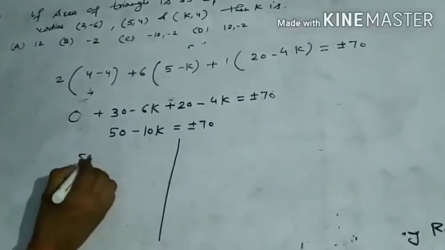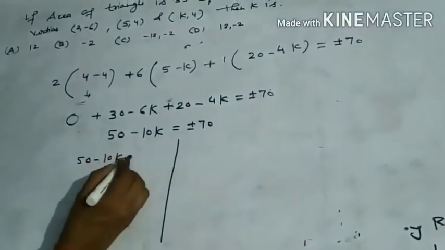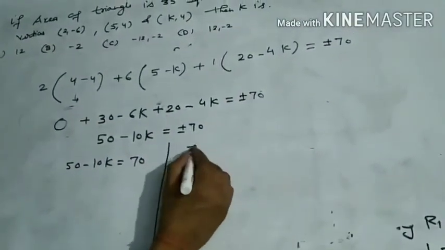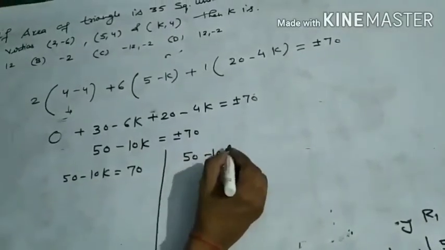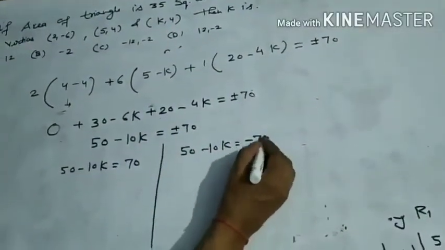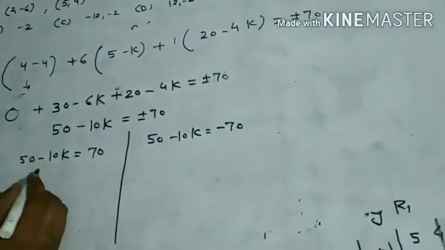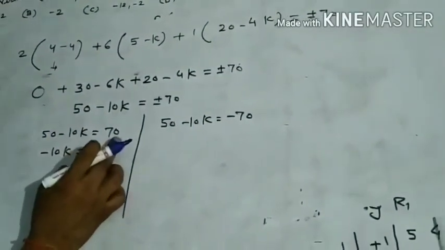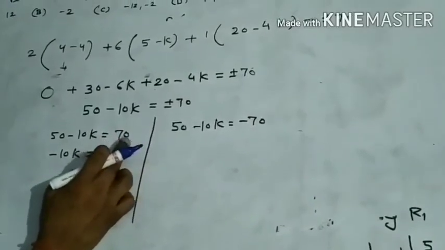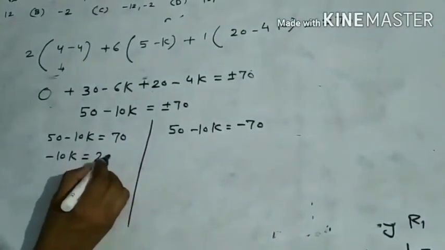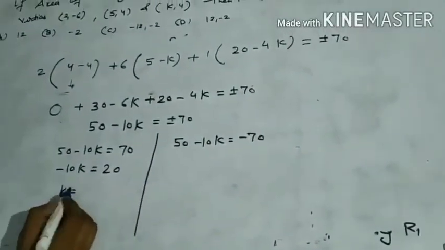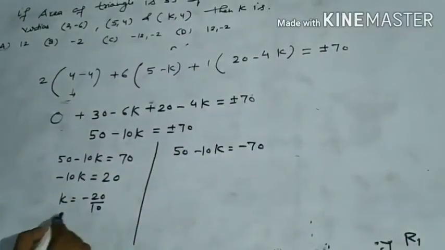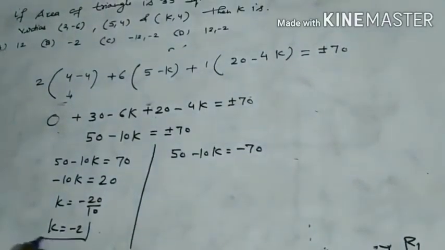So 50 minus 10k equals 70, and 50 minus 10k equals -70. In the first case, minus 10k equals 70 minus 50, which is 20. So k equals -20 by 10, or k equals -2.